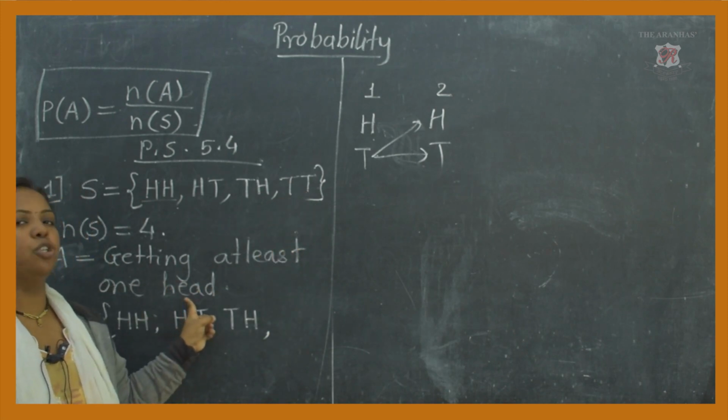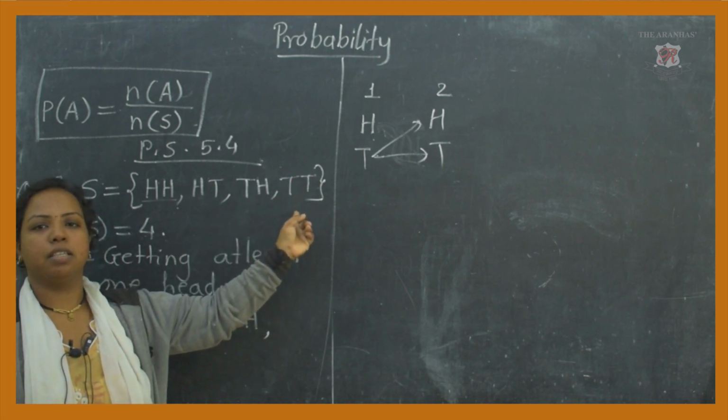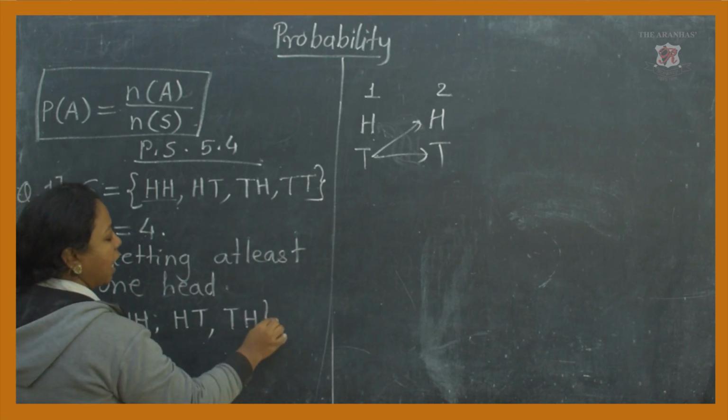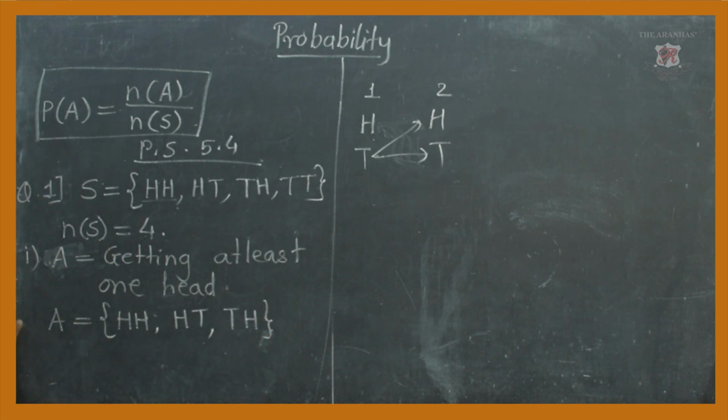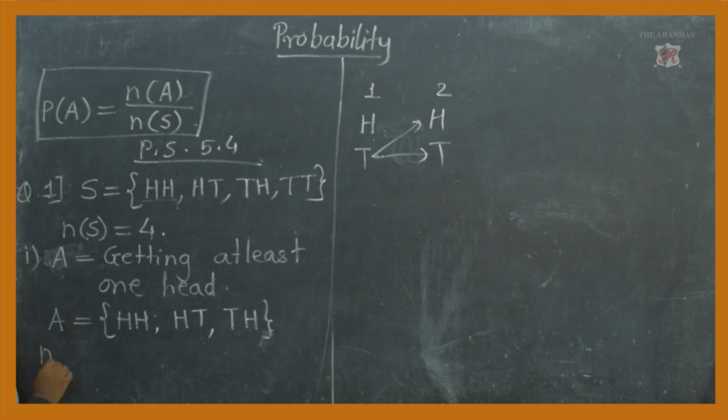At least 1 head should be there. Here head is not there, so we cannot take this sample point. So what will be our event A? Only these 3 points, HH, HT and TH. So N of A will be 3.